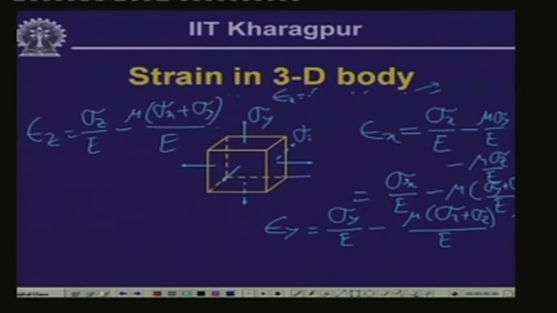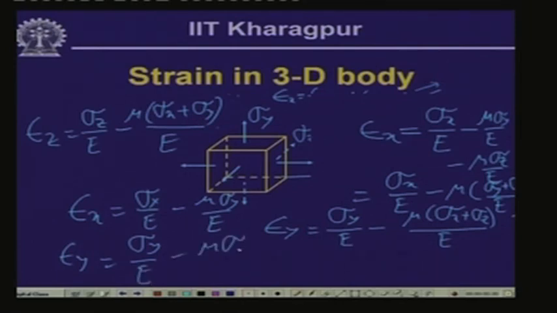In that particular case, we will get epsilon x as equal to sigma x by E minus mu sigma y by E, and epsilon y is equal to sigma y by E minus mu sigma x by E. These results we have seen earlier.